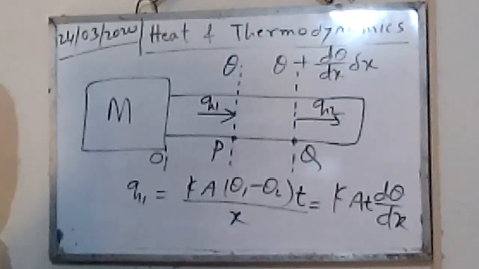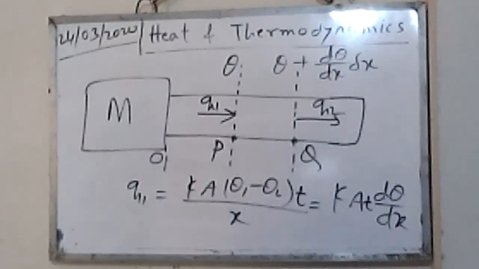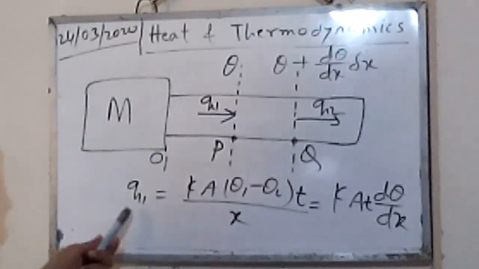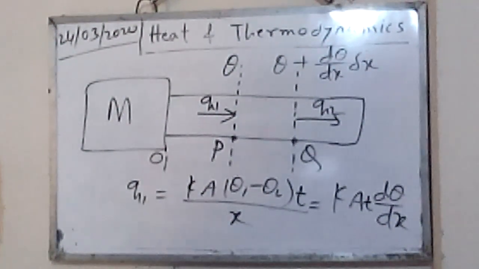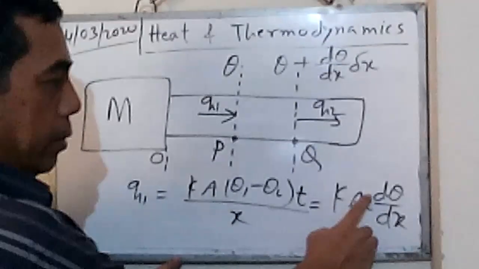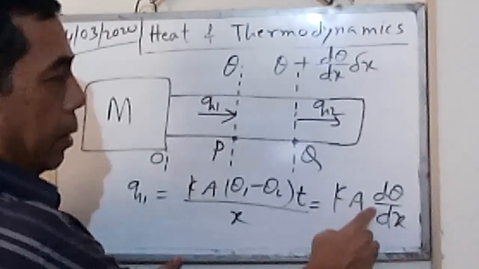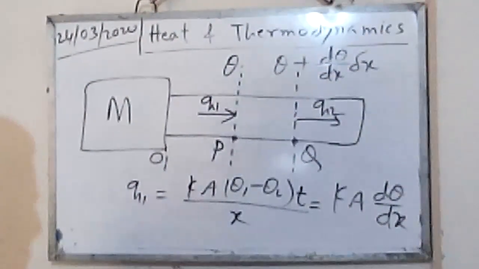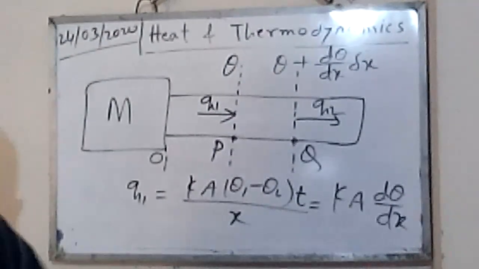For 1 second, that means if we consider Q1 as the rate of flow that enters the PQ section, then t will be 1. Then we can write Ka d theta by dx.